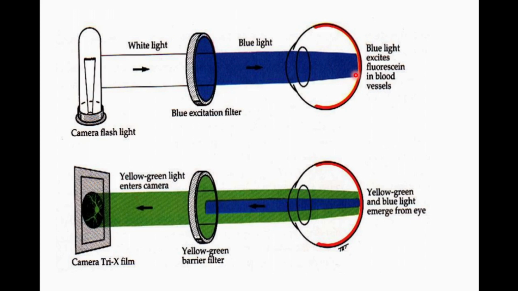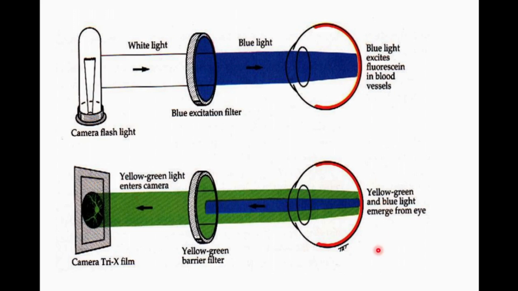In the retina, we have already injected the fluorescent dye. So it contains the tissue which contains the fluorescent dye, and there are some other ocular structures in the retina which don't contain the fluorescent dye. Wherever the fluorescent dye is there, it will get excited because of this blue light. That is, the blue light excites the fluorescein in the blood vessels.